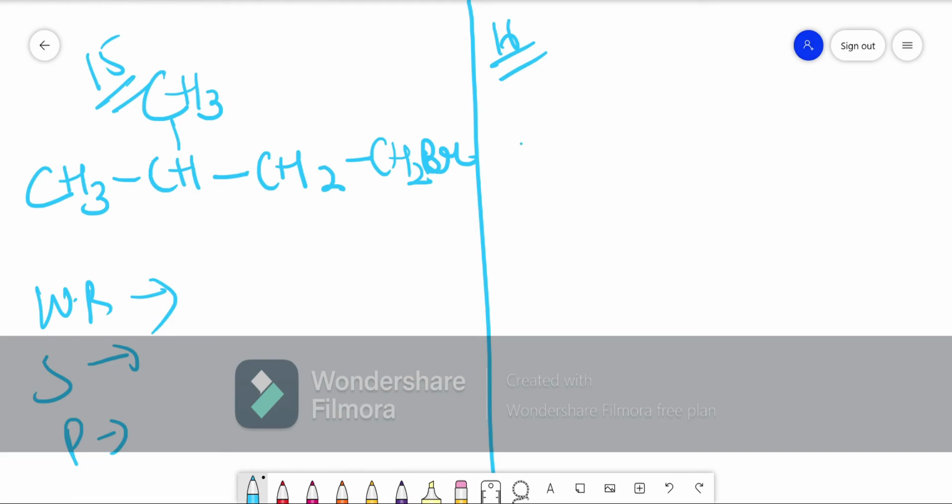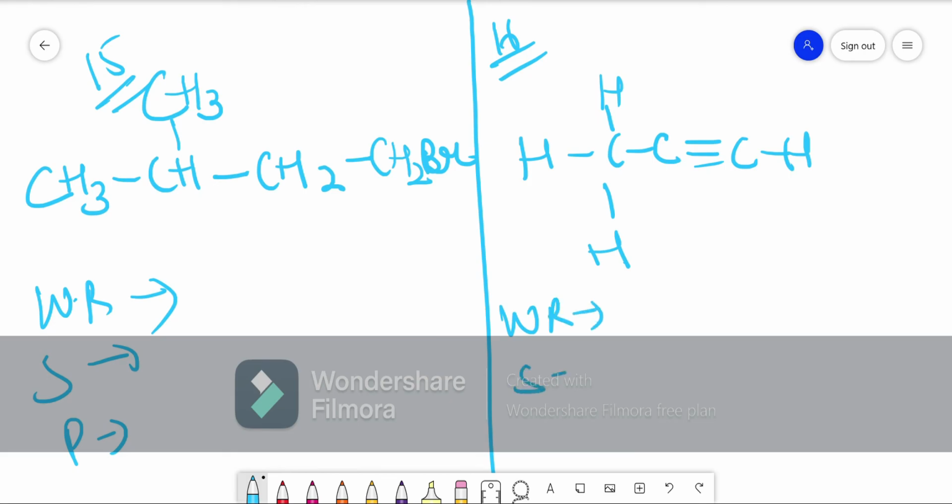So the 16th question is HC triple C H H H. Word root, suffix, prefix. Let me change the color. Yeah, let's use yellow. We have to start from here, because bromo was also present. So 1, 2, 3, and 4.